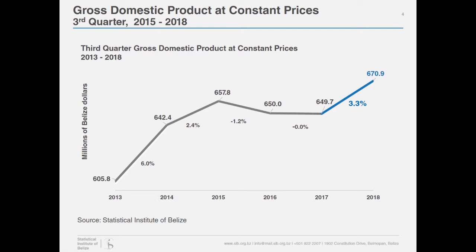In 2016, we see a decline of 1.2%, and that was due to a drop in primary activities, about 23%. And moving on to 2017, we had a marginal decrease. And now we're here in 2018 at a 3.3% increase in production.